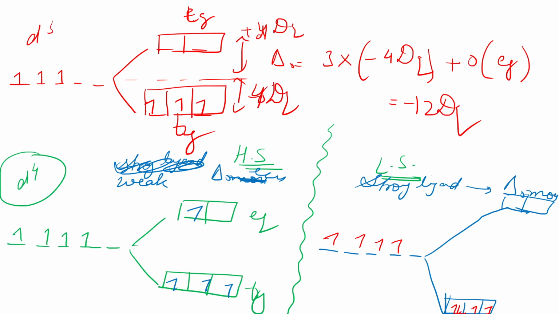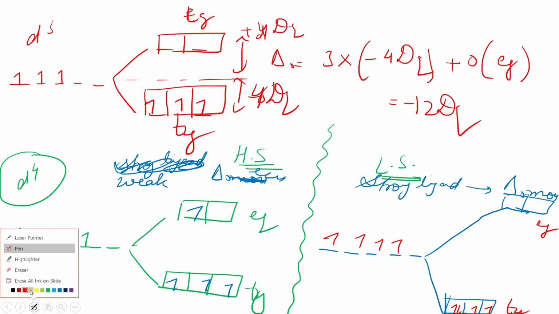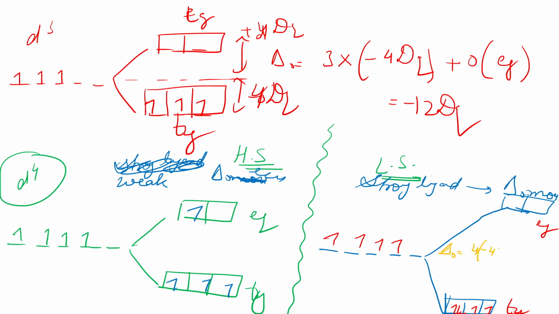So 4 electrons in the t2g and 0 electrons in the Eg. Now calculate the delta naught. Delta octahedral will be 4 electrons with minus 4 Dq plus 0 electrons with plus 6 Dq. It will come out to be minus 16 Dq.